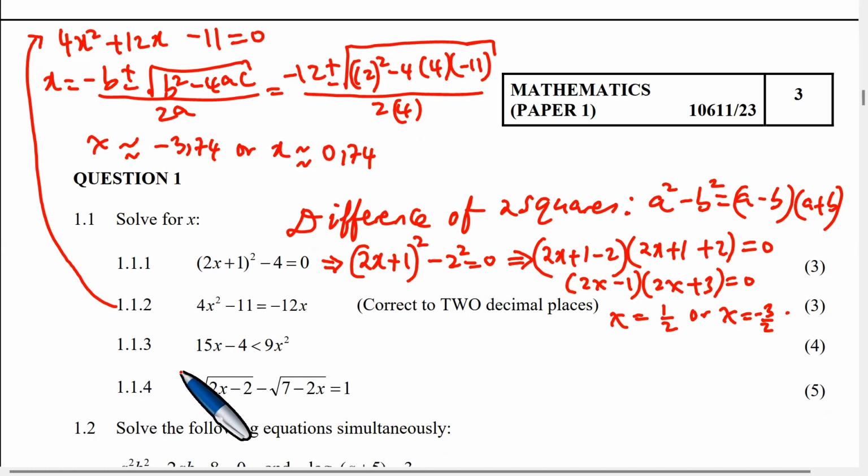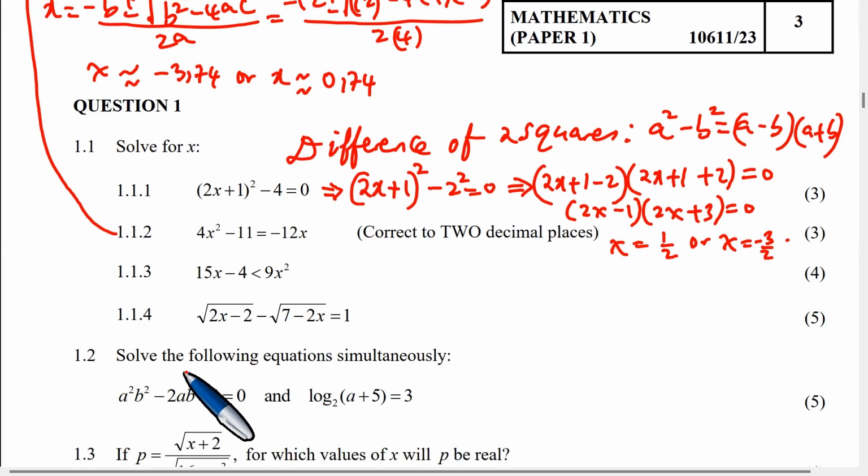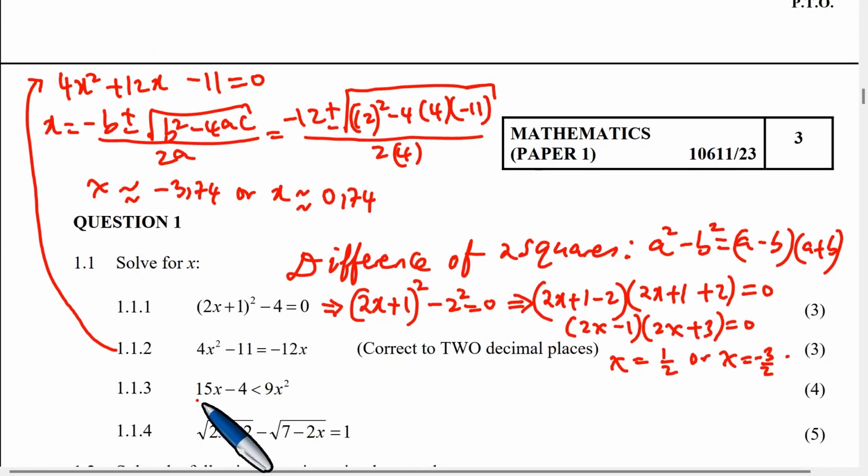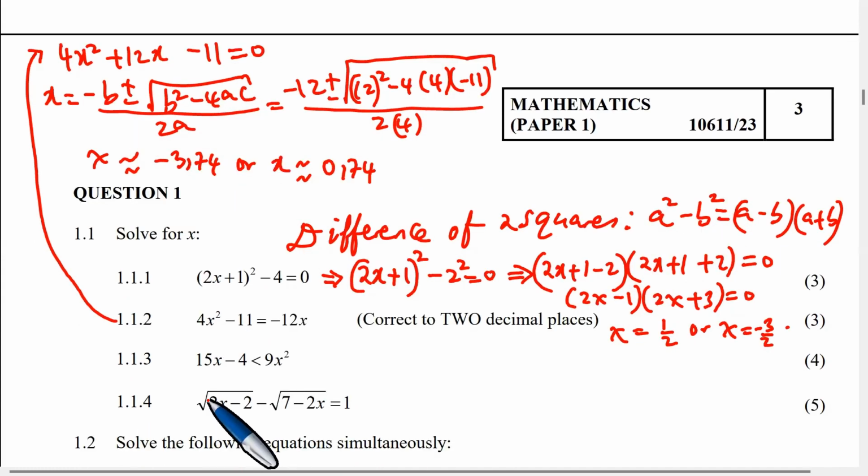So to solve 1.1.3, it's very obvious. Here, we need to realize that we need to factorize these and transpose terms. So let's look at 1.1.3, the question.